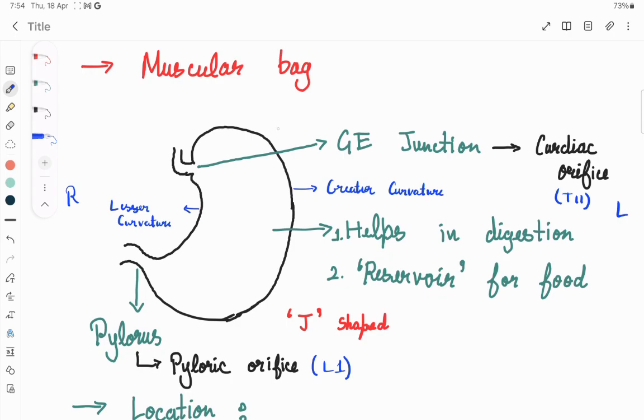Greater curvature is 5 times longer than the lesser curvature approximately, and lesser curvature also has the incisura angularis in its most dependent part.